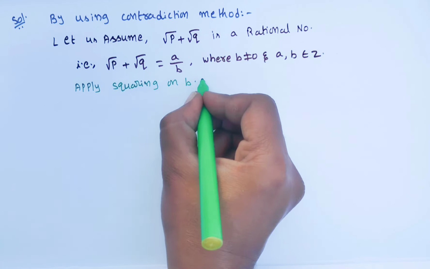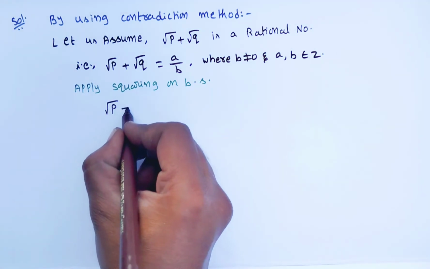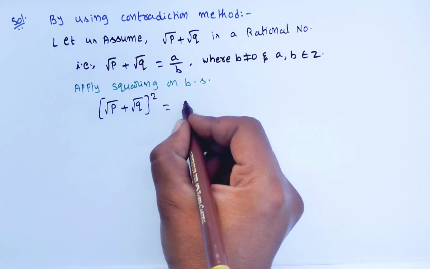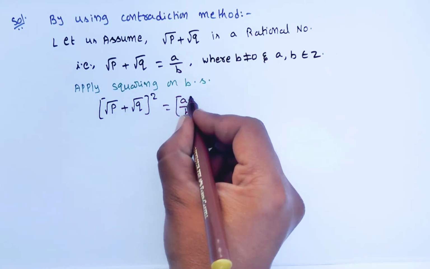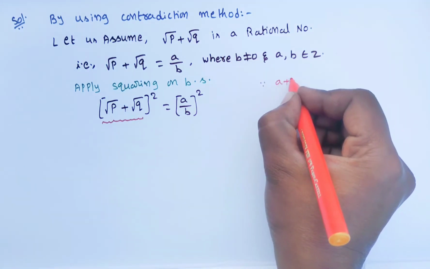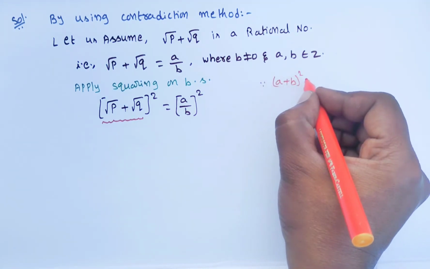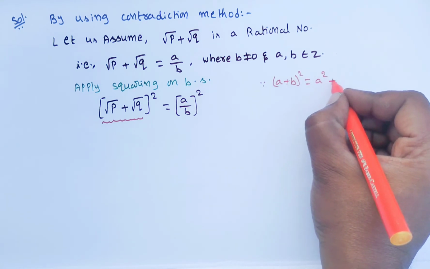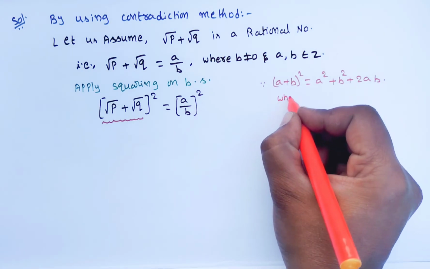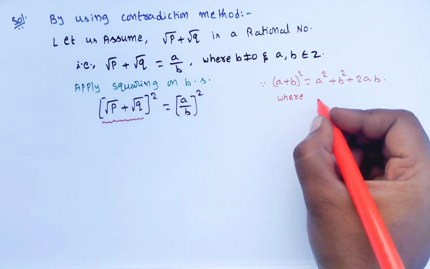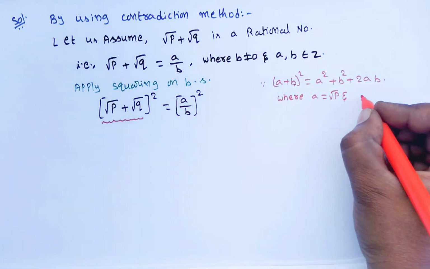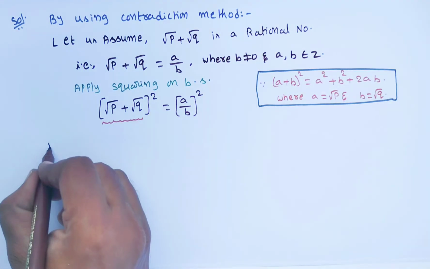We get (root p plus root q) whole squared equals (a by b) whole squared. Clearly, it is in the form (a plus b) whole squared equals a squared plus b squared plus 2ab, where a equals root p and b equals root q.